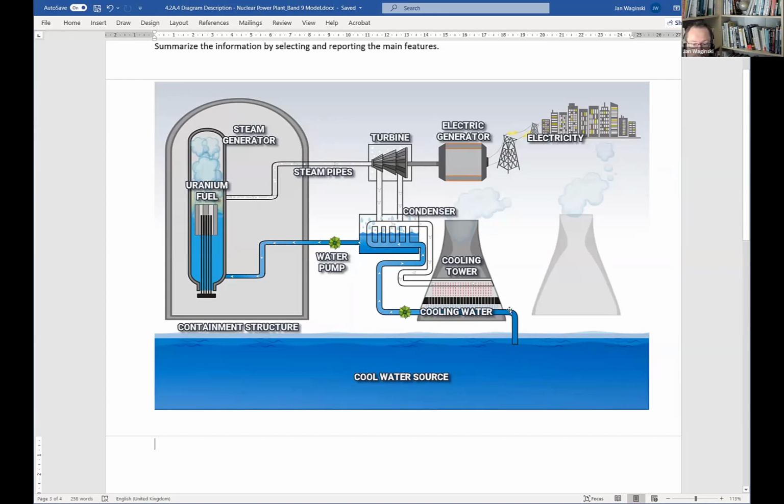I want you to notice that this cooling water that goes in doesn't connect with this water. This is a closed cycle. This is only for cooling. The reason would be that they wouldn't want this water, which is interacting with the uranium fuel, interacting with the water that's going into the environment.